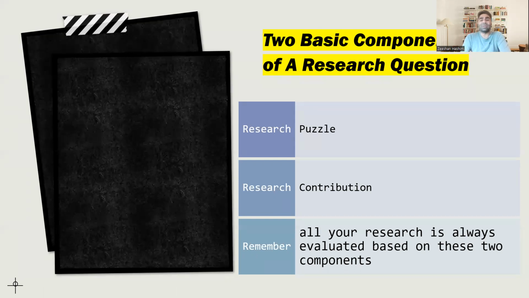But the important thing I want to tell you is that the value of your research is always dependent on your research puzzle and research contribution, because whenever you submit your research for publication or for getting grades, the examiner or the reviewers will look at what the research puzzle is, meaning why this research is important, and what the elements or factors are through which this research is contributing.